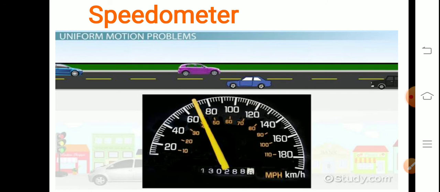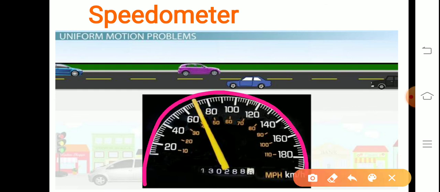See, for example, if you are traveling on a bike and suddenly you want to know your speed, how can you know the speed of the vehicle while traveling? Simply by looking at the speedometer. This is the speedometer every vehicle has.